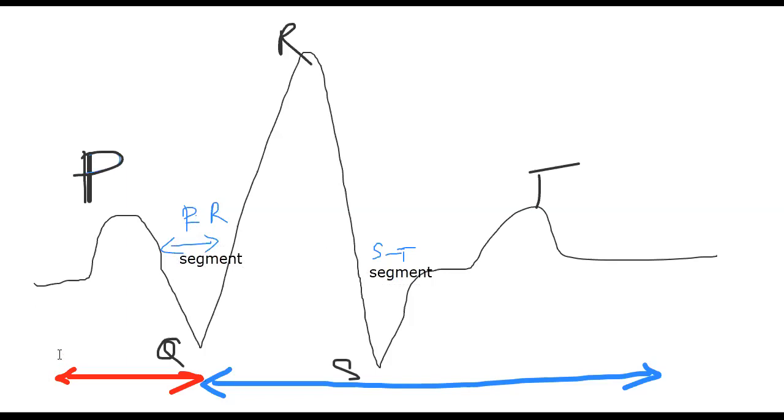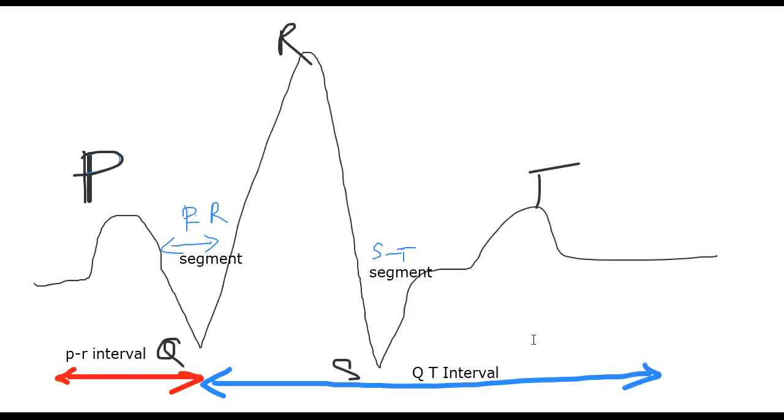Next, the PR interval. Next, the QT interval: this is the blue line, the QT interval. It's a PR interval and QT interval. That's it.